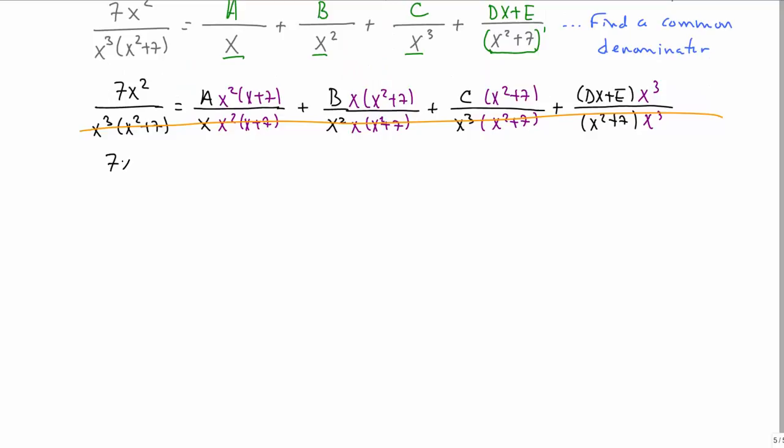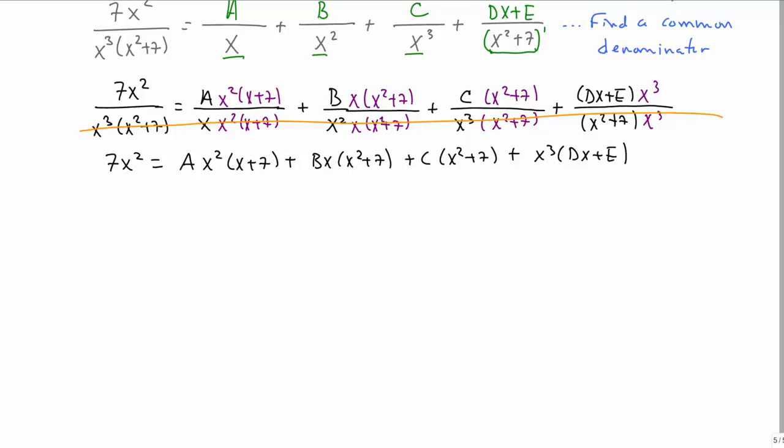So I have 7x squared equals, and I'm not going to expand anything right now, because I think I can eliminate a lot of these variables by choosing x equals 0 to start with, but we'll see what happens. I'm going to pull this x cubed out front here.